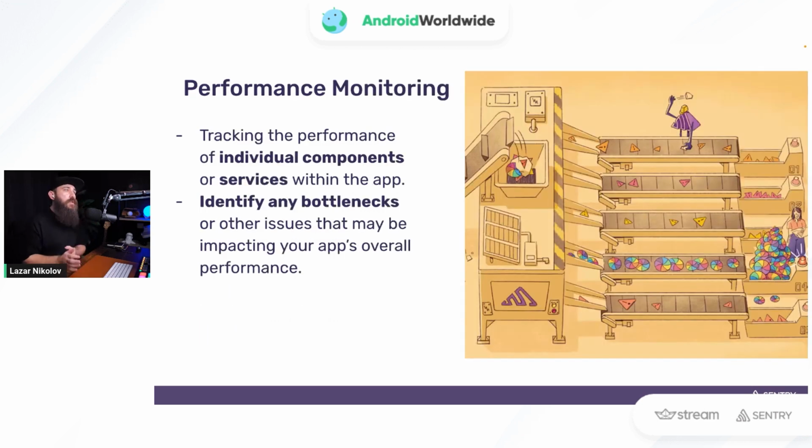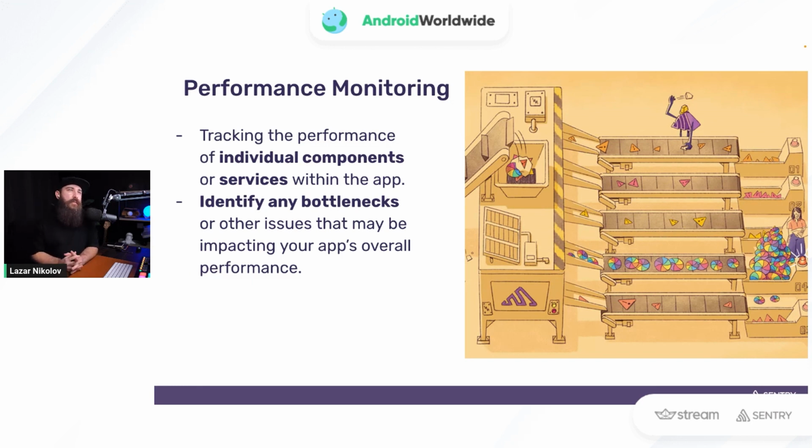The next key feature that is super important is the performance monitoring feature. That involves tracking the performance of individual components or services within the app. It means identifying any bottlenecks or other issues that may be impacting your app's overall performance. This is not crashes.